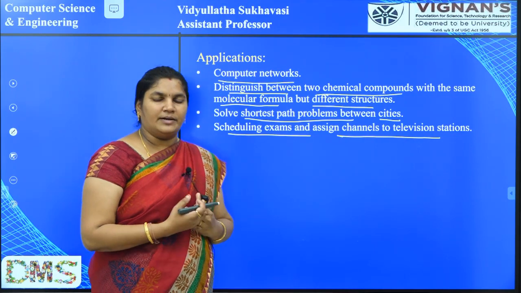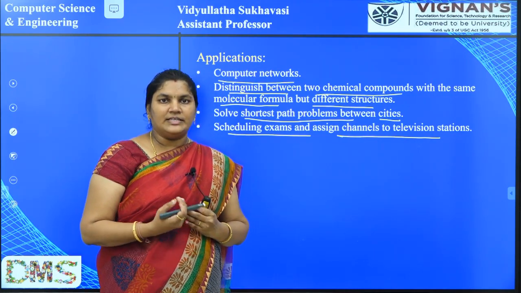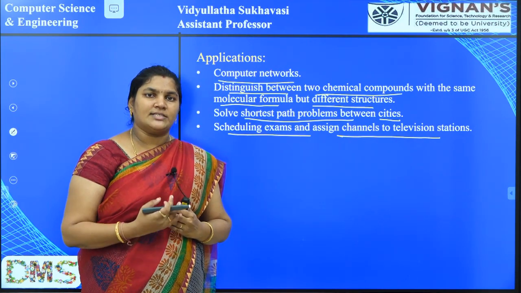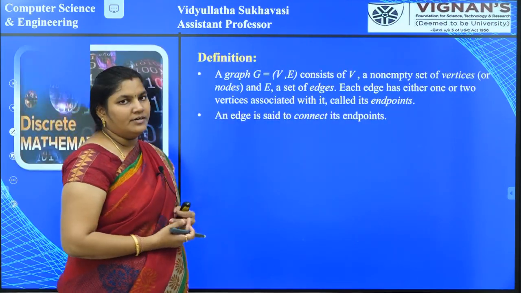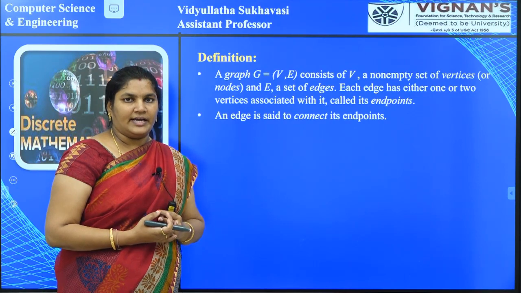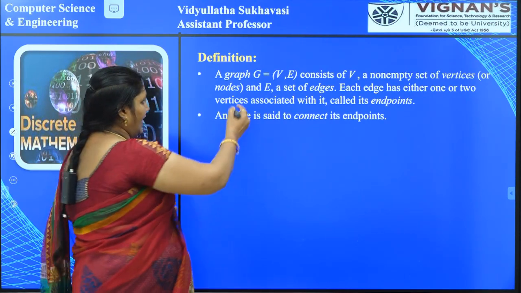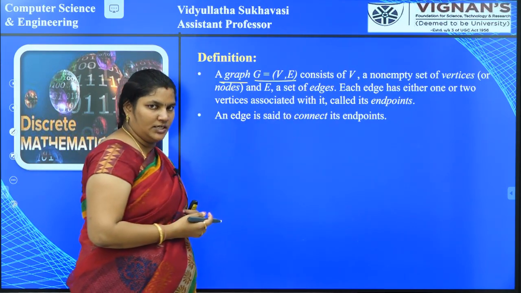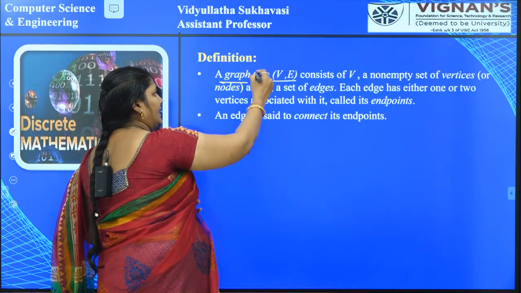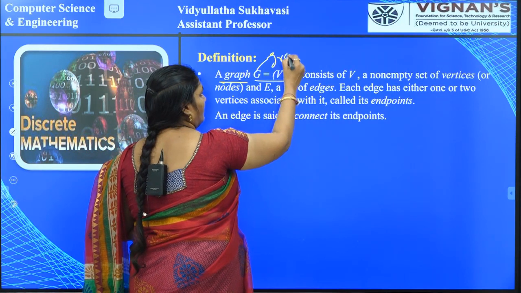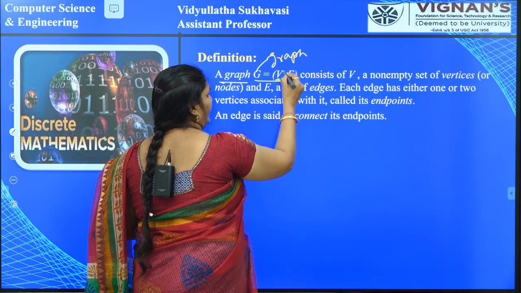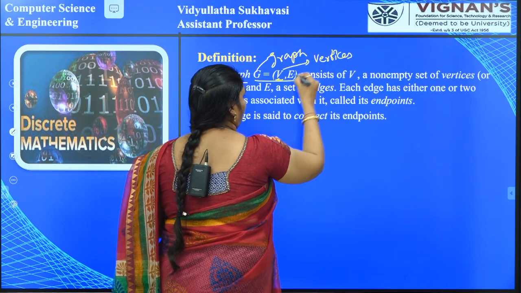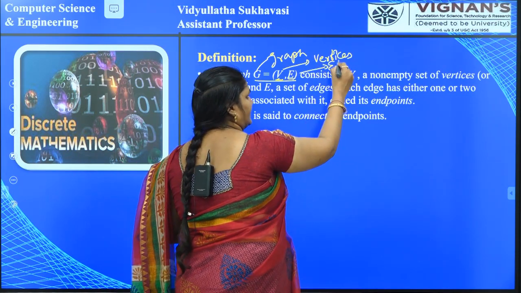Before going to the terminology of graphs, we will discuss the definition of graphs and what terminologies we have in graphs. A graph is represented as G equal to V comma E, where G indicates the graph, V indicates vertices, and E indicates edges.